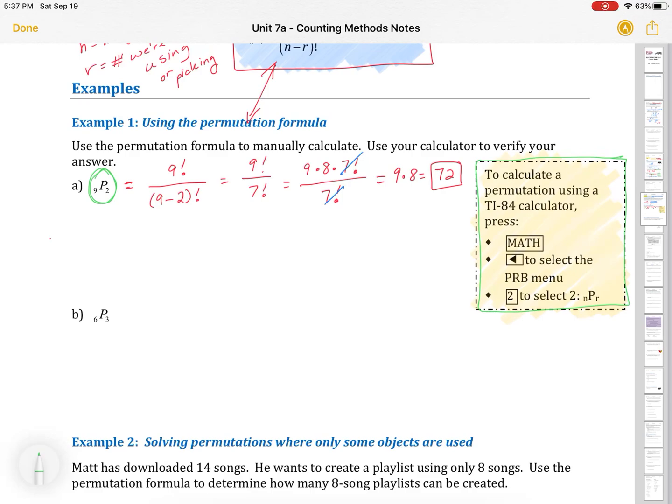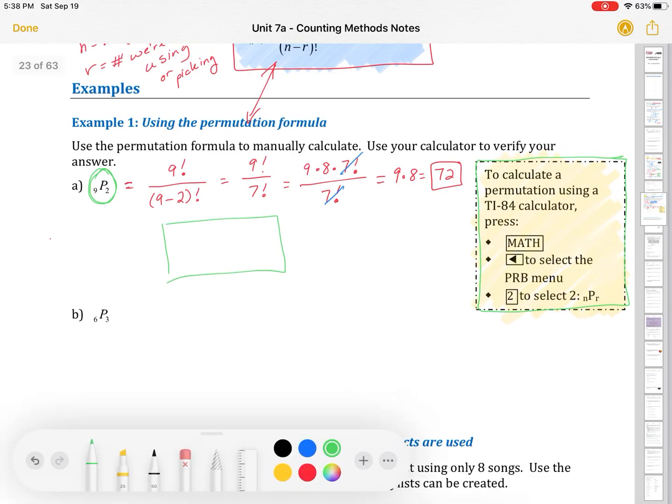We put in a 9. We pick math, and we go to PRB. Then we go down to 2 for nPr. We should already have our 9 in, and then we put in our r, which in this case is 2. And we enter, and you should get 72.